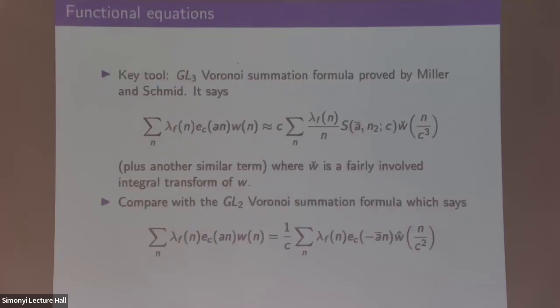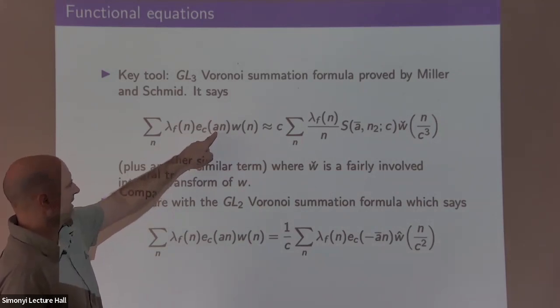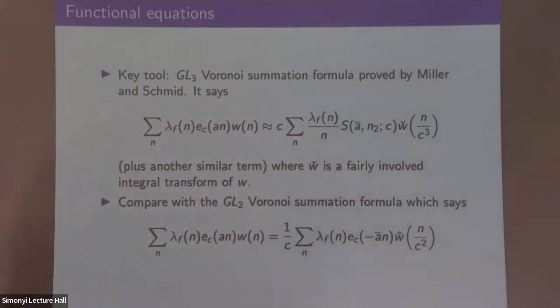In this case, the usual first step is to apply all sorts of functional equations. Here we'll use the GL3 Voronoi formula, first proved by Miller and Schmid. It roughly says that if you take GL3 coefficients against an additive character, it transforms into GL3 coefficients times a Kloosterman sum, and the a in this additive character becomes a bar, the multiplicative inverse.